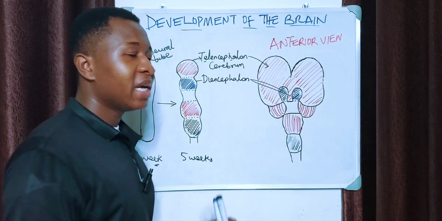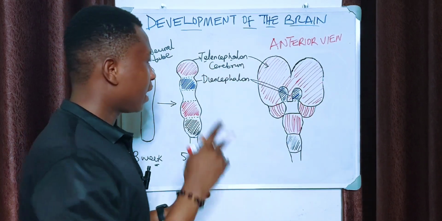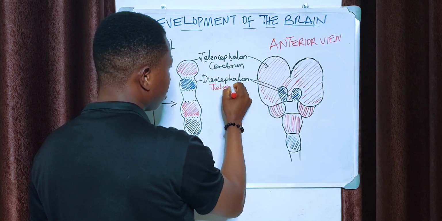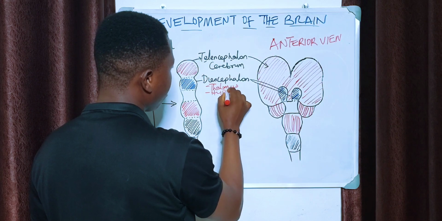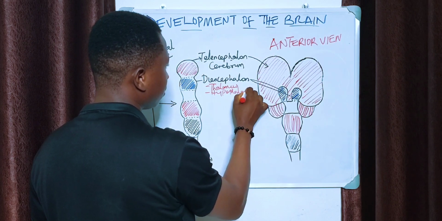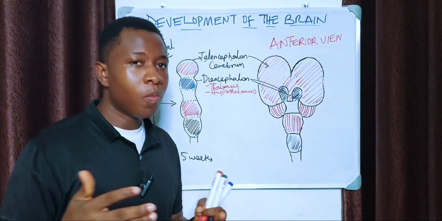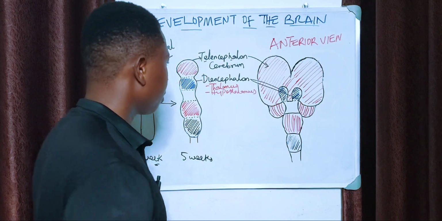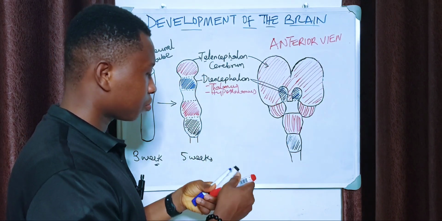These structures are embedded in between the cerebrum, and they are called the thalamus and the hypothalamus. They play a lot of role when it comes to secretion of hormones from the anterior part of the pituitary gland.